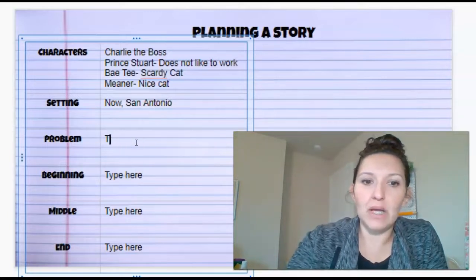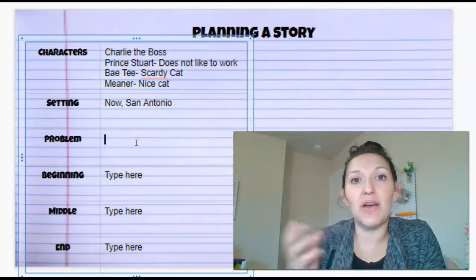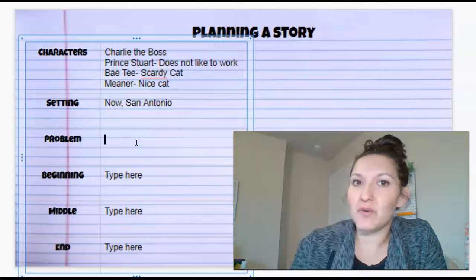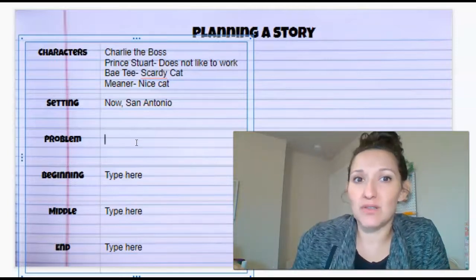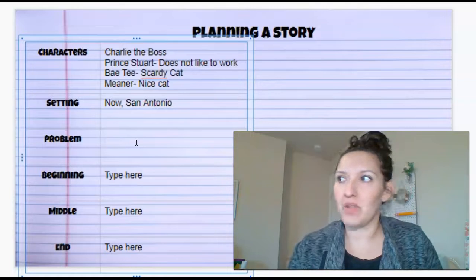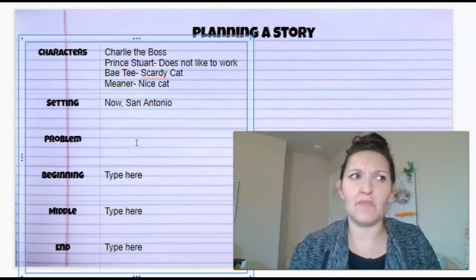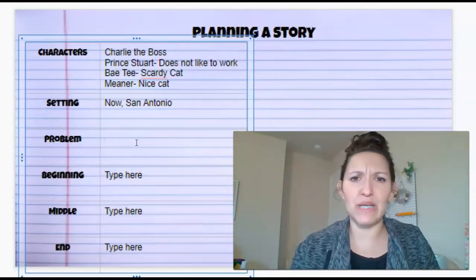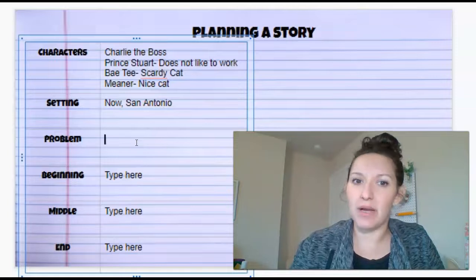Before you even think about your beginning, middle, and end, you have to think of the problem. A lot of stories have problems. Most stories have problems. If we're going to have a book about a dog, well, if the dog just sits there and doesn't have a problem, you may not have a story. So think about it, right?